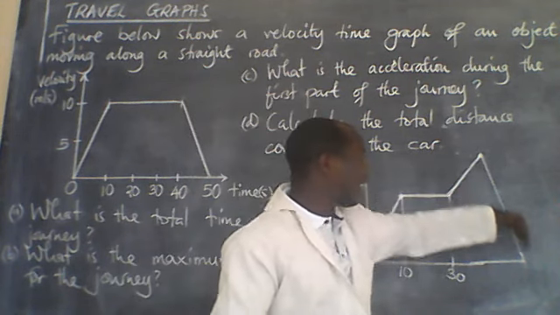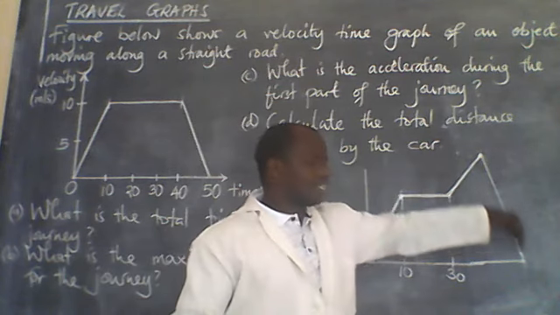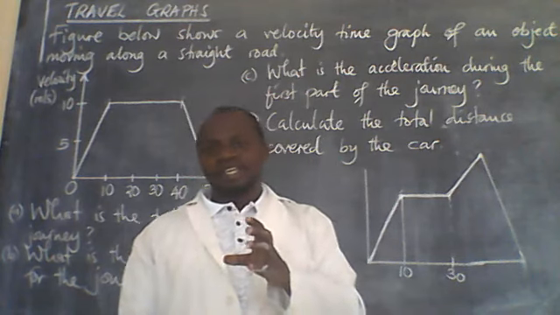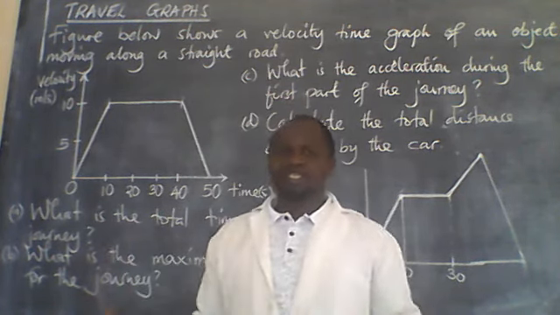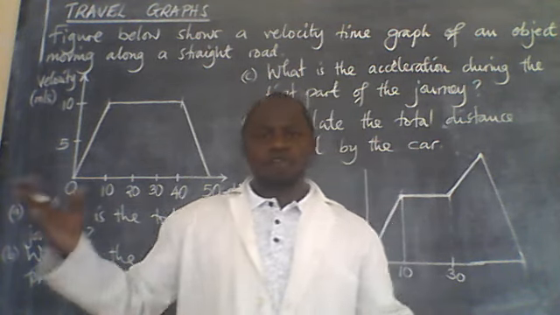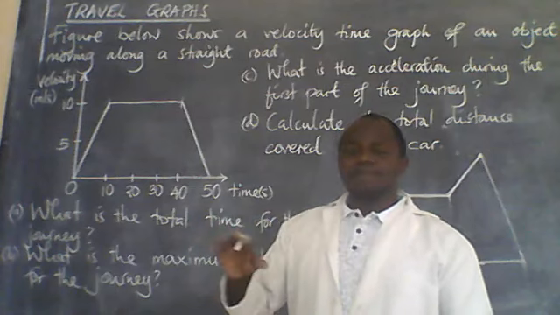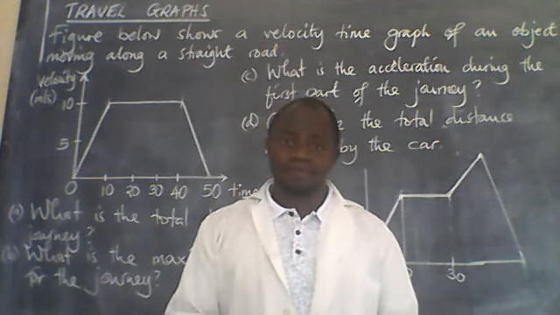It means negative acceleration. This is positive acceleration, this is negative acceleration. I hope that will help you answer questions. Of course, you might find different diagrams, but the meaning behind those diagrams remains the same.